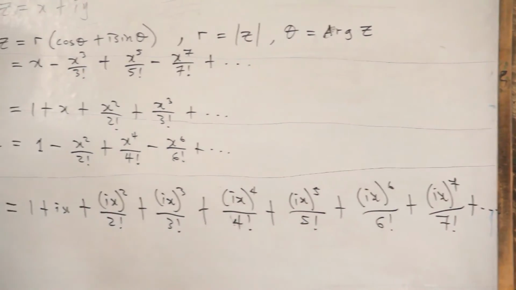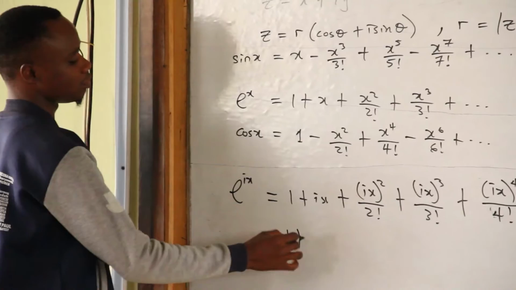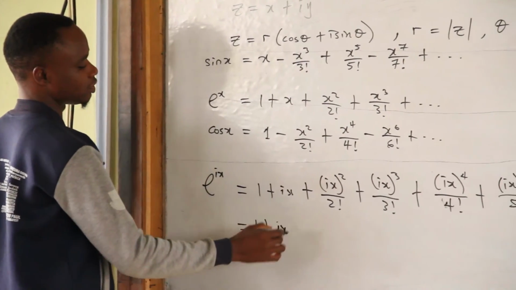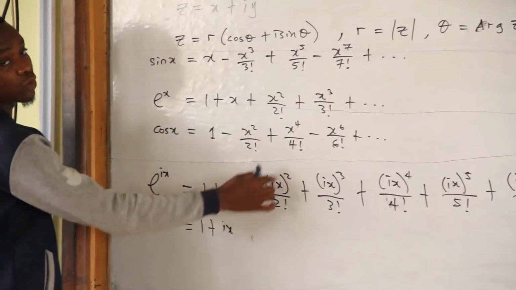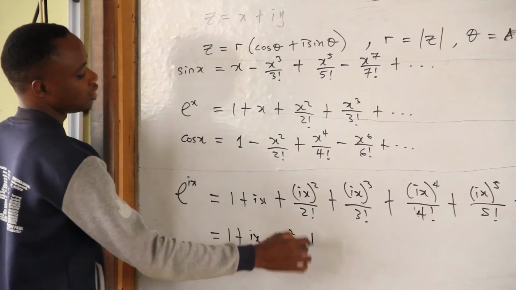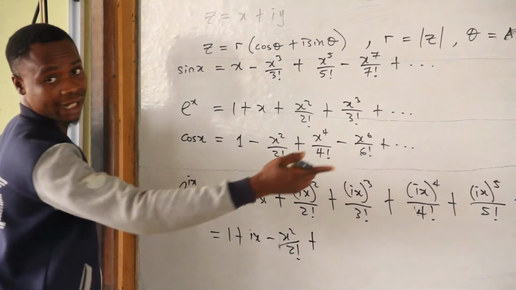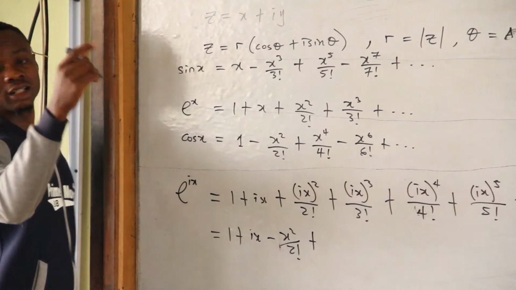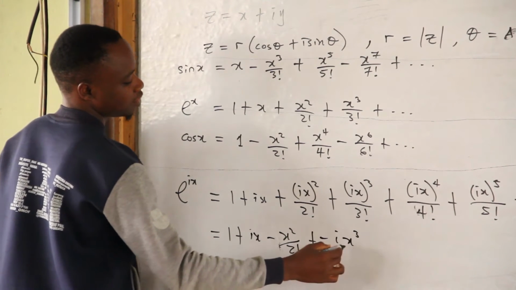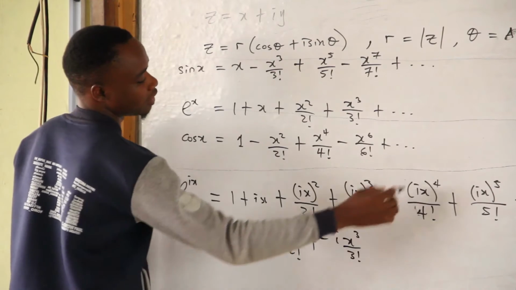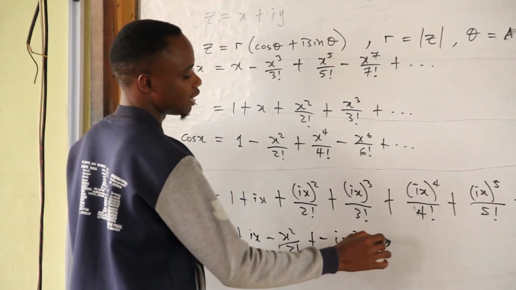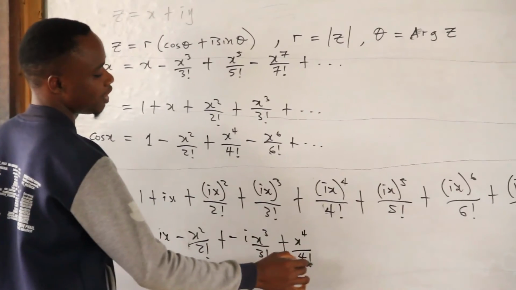Please pay attention to this now. We're going to have ix still. i squared is minus 1, so this will become minus x squared over 2 factorial. i raised to power 3 is minus i, so this is going to be minus i x raised to power 3 over 3 factorial. i raised to power 4 is 1, so that is plus x raised to power 4 over 4 factorial.